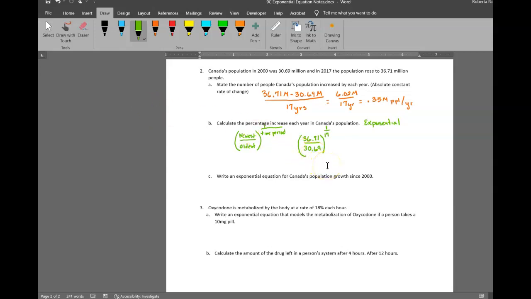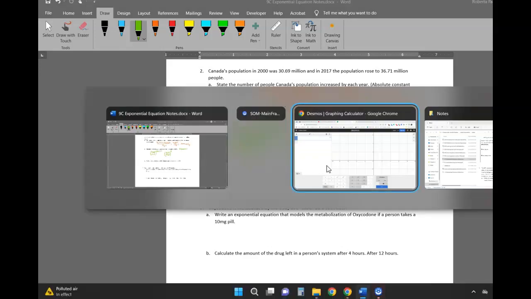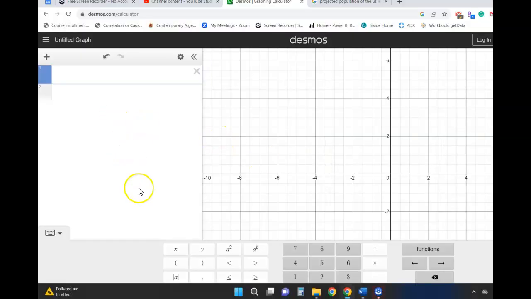Okay, so now let's go over to Desmos, or some sort of graphing calculator. I'm going to open parentheses, and then hit the division key, and it automatically gives me that fraction bar, which is a nice thing. So 36.71, and our oldest value was 30.69.